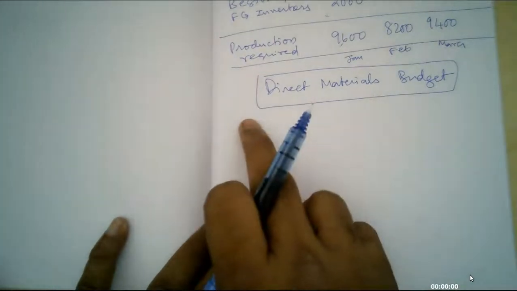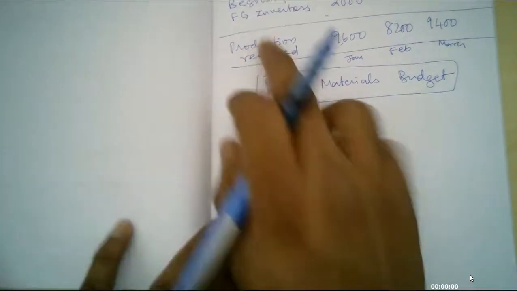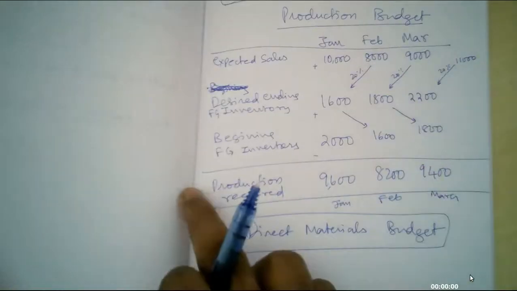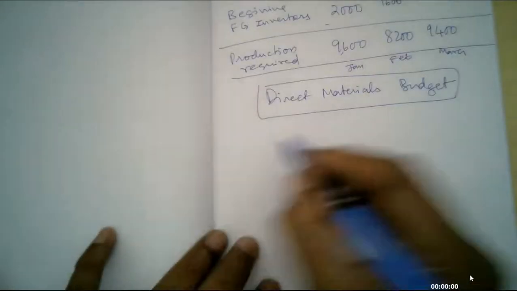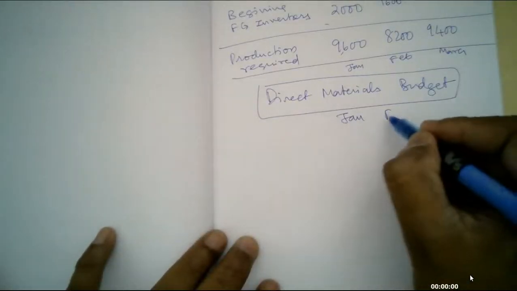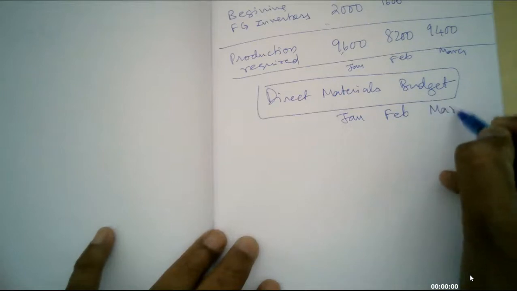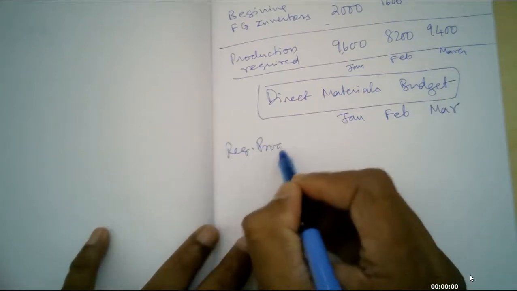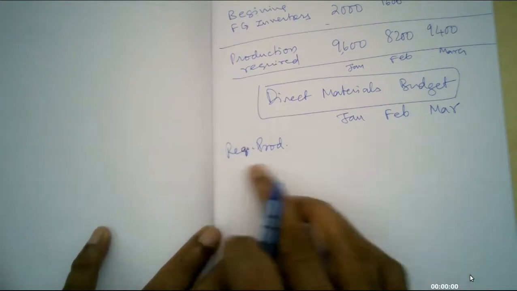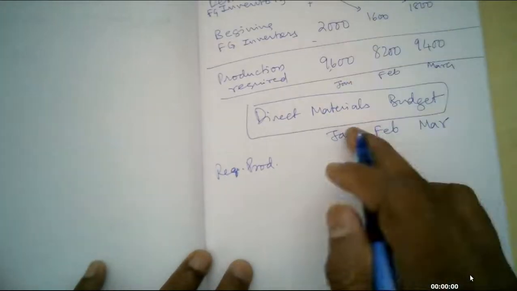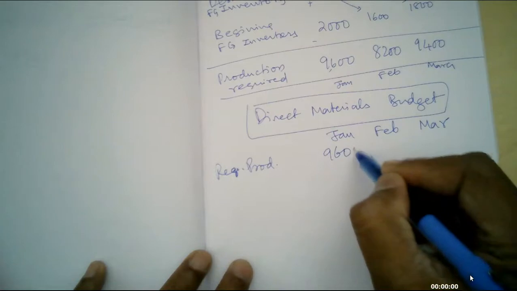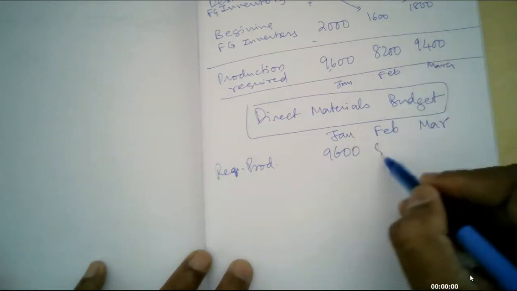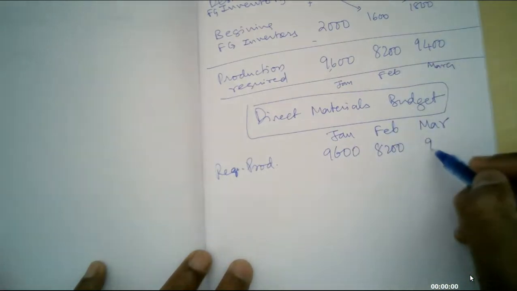The first line of the direct materials budget will be the last line of the production budget. What is the last line here? Production required. So Jan, Feb, March, required production. So required production, the same 9,600, 8,200 and 9,400.